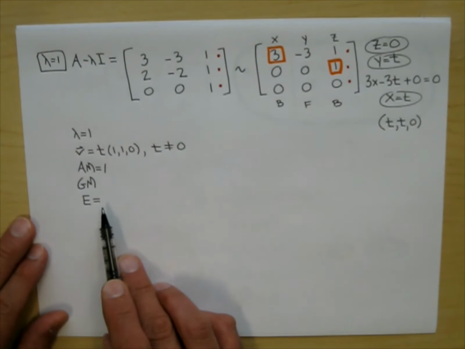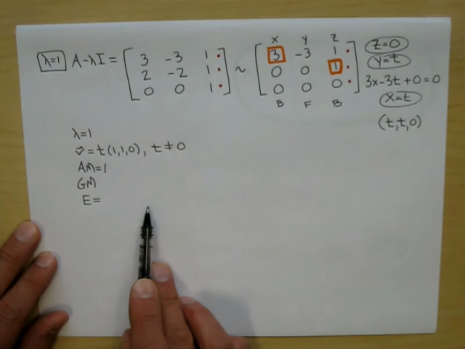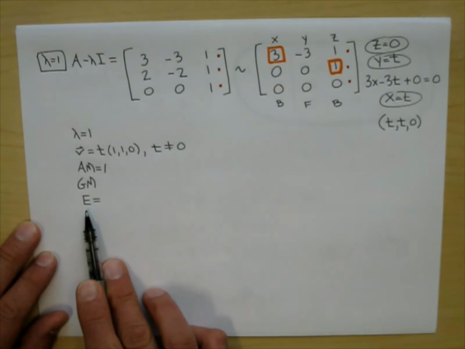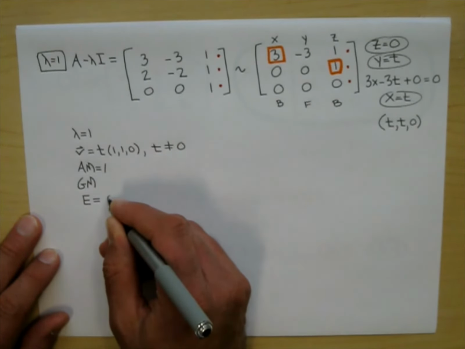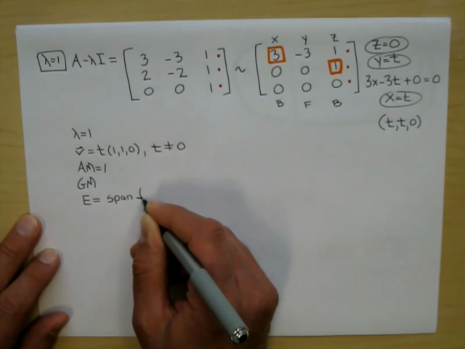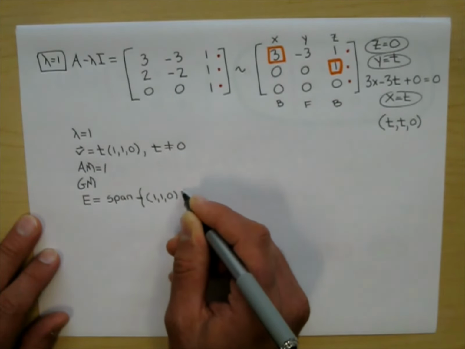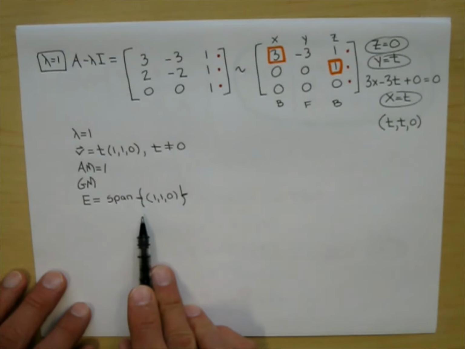So the set of eigenvectors and the eigenspace are almost identical, except the eigenspace has the vector 0, 0, 0. How can we write that? I can write the eigenspace as the span of 1, 1, 0. So that's what the eigenspace is.